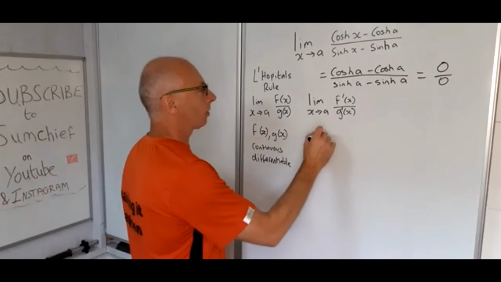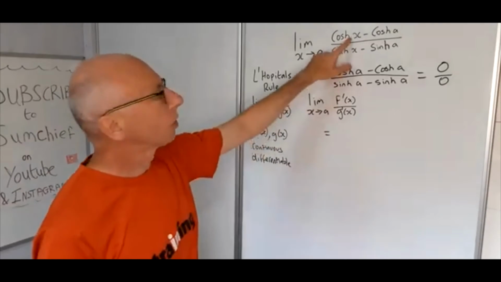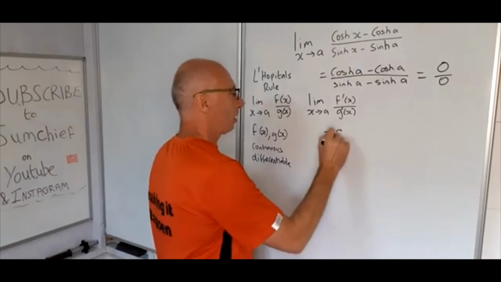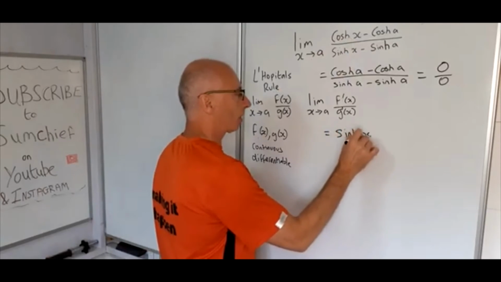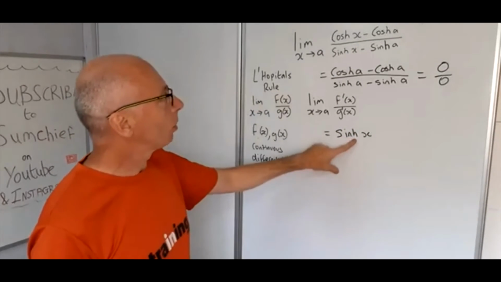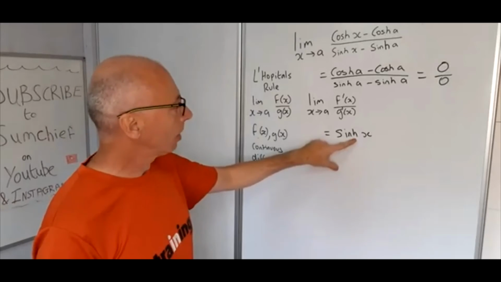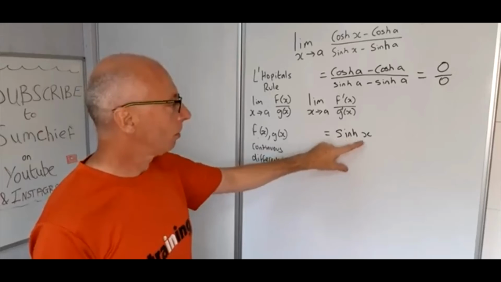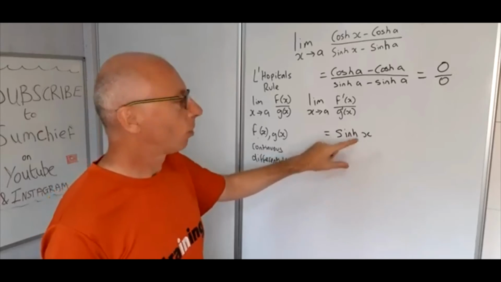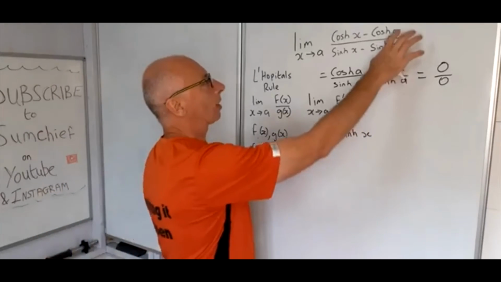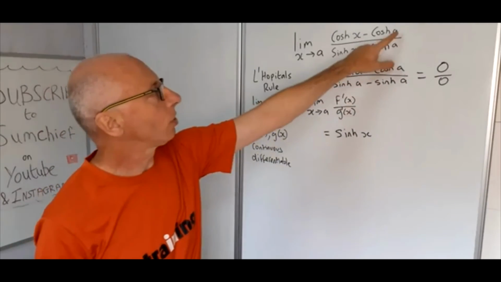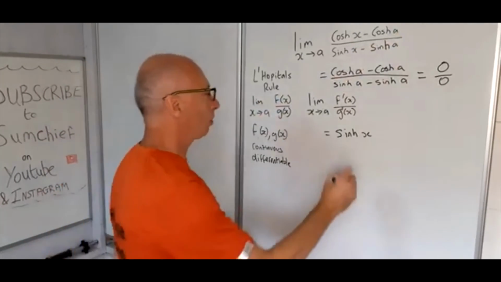So now that's going to leave us with, so cosh of x, derivative of that, sinh of x. Bear in mind it's not going to be negative as it would with a normal sine. This is the hyperbolic sine, so the derivatives of sinh and cosh are always positive. And cosh of a, well, a is not dependent on x at all, so this is just a constant, so that just disappears.